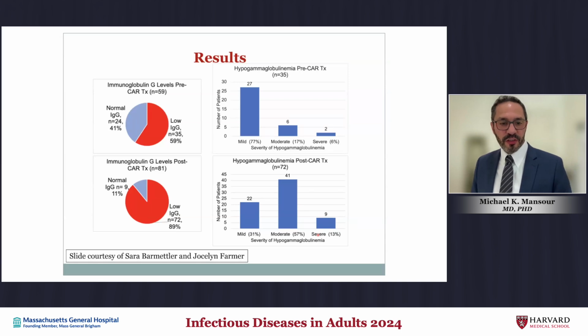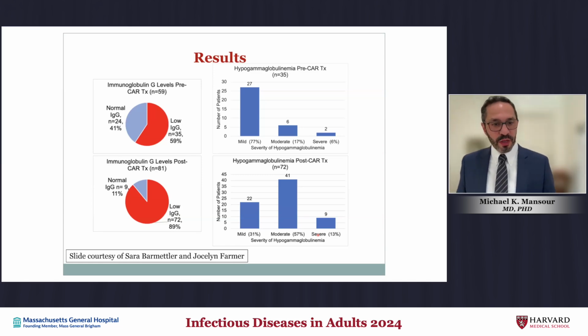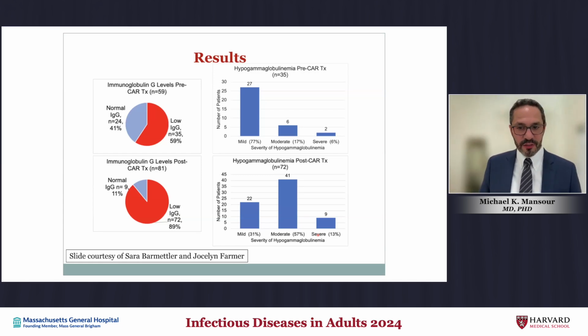So this is just another indicator and metric that we need to follow following transfusion of CAR T cells: IgG levels. And protocols around replenishing and using IVIG are critical to really curb future infectious events because of low IgG.